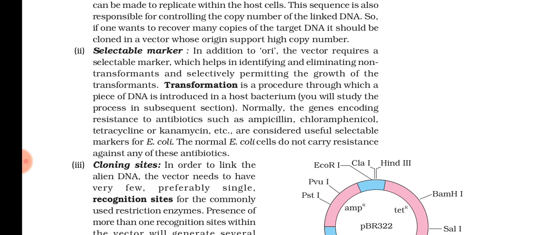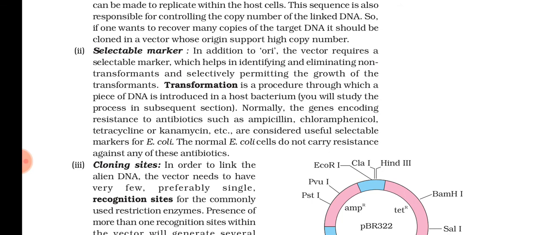If you are using a vector, you are trying to introduce the gene of interest into the vector, but all the vectors may not be having that particular gene of interest. Only a few will have. So how will you separate these transformants from the non-transformants? By using the selectable marker.